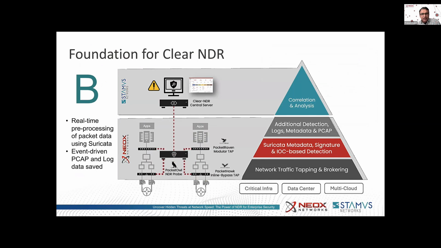But in this case, it's purely feeding as an NDR probe into Stamos, and you can have the selective packet capture as well. So you have the log data, you have the packet data, and you have other capabilities that increase operational efficiency of the NDR server. Going to the next slide, please.